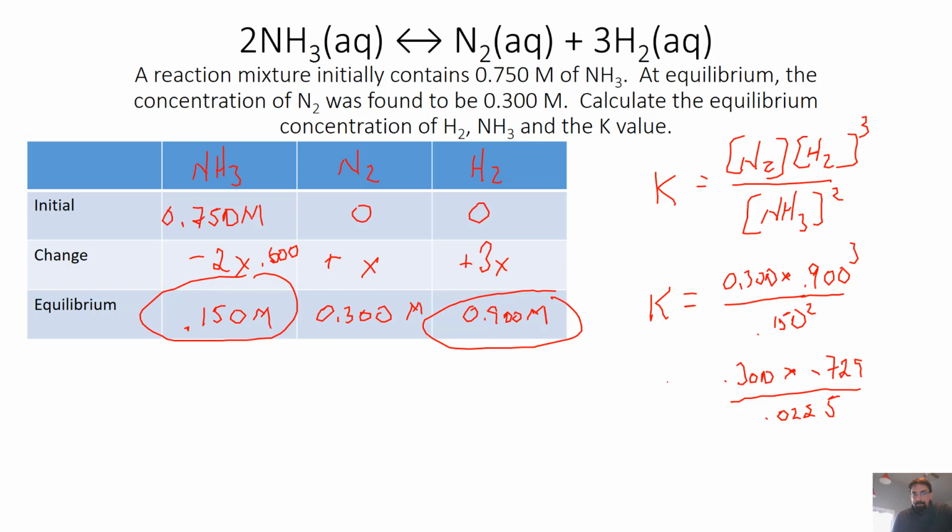What we're finding out here, after we plug that into our calculator, is that K winds up having a 9.72 value. This is fairly favorable. We're getting about 10 times more product than we are reactant.